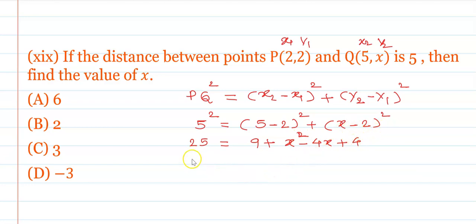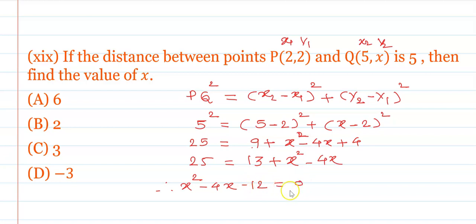Next, this is 25. 9 plus 4, then you will get 13. x square minus 4x. And therefore, here is a quadratic equation. x square minus 4x, हा 25 इकडे आणणार. That will become minus 12 is equal to 0.